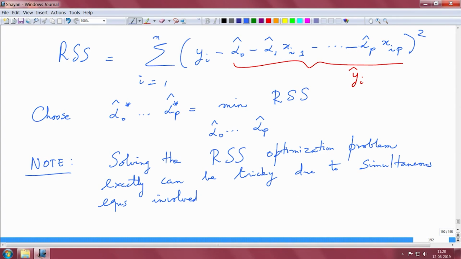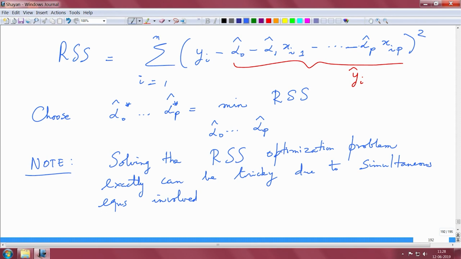Now you may wonder why I did the analytical form for the single variable case. If you did the calculus here taking the partial derivatives with respect to all these quantities, it is going to be a very tricky problem and also cumbersome.